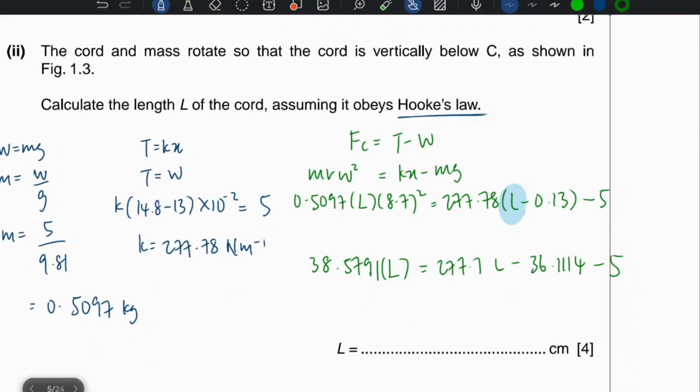Okay, so let's group our like terms, basically those with L, I bring it to the left hand side, and the constants, just the value, I maintain on the right. 5791 minus 277.78 and 2009L equals to, so the negative will eventually cancel out.